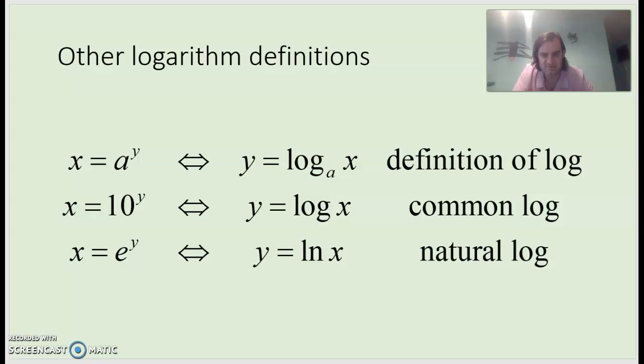So there's a couple different ways logs can be written, or at least with a couple different bases. The one we've seen uses a base a. The base a is just our regular run-of-the-mill definition of a log. But there are some logarithm bases that are frequently used, so they get their own special notation.